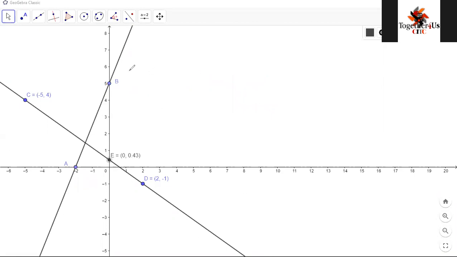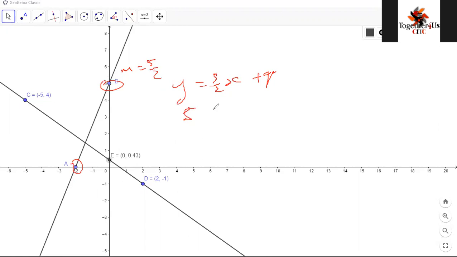So we've got the gradient. The gradient is 5 over 2. That means the equation is 5 over 2x plus some q. I've got to find the value of q. Again, you can take either point A or point B. Let's take point B, because the x value is 0, so I want to do away with this fraction.